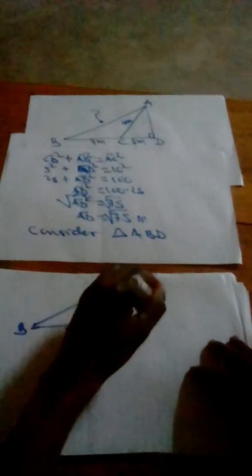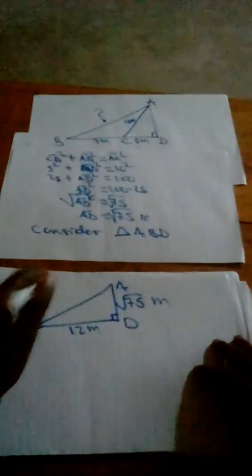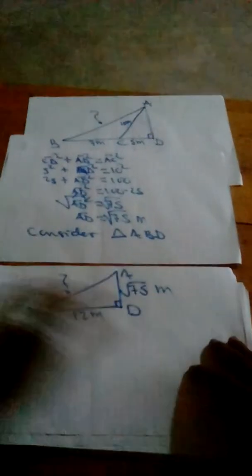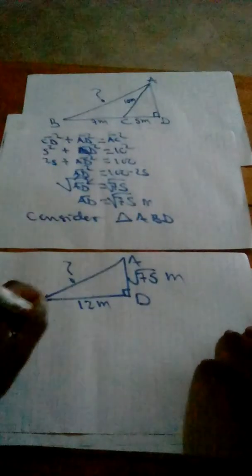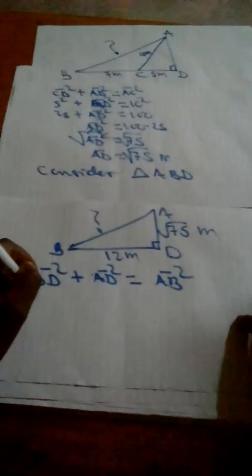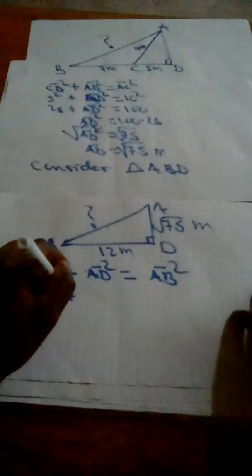And this distance AD, you calculated it and got it as square root of 75 meters. So to get BA, which was actually the required distance, you apply again the Pythagoras theorem, in which you take the sum of the squares of the two adjacent sides to be equal to the square of the hypotenuse side. So the first adjacent side, BD, is 12, plus the square root of 75 squared.